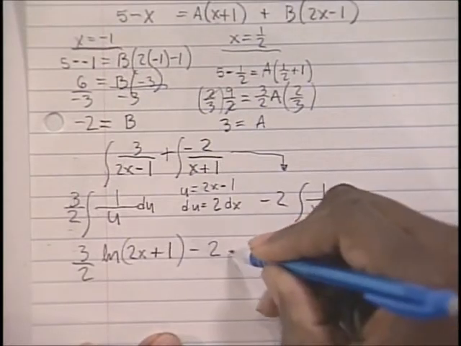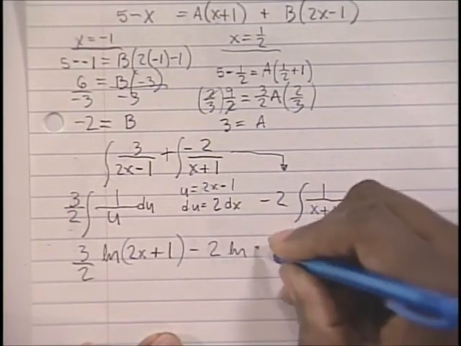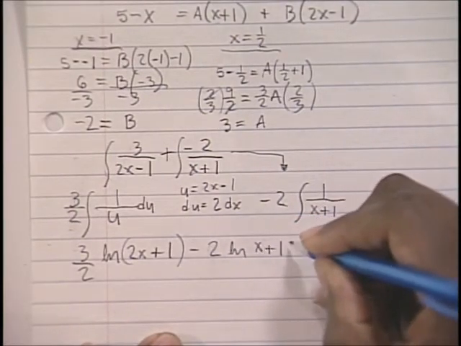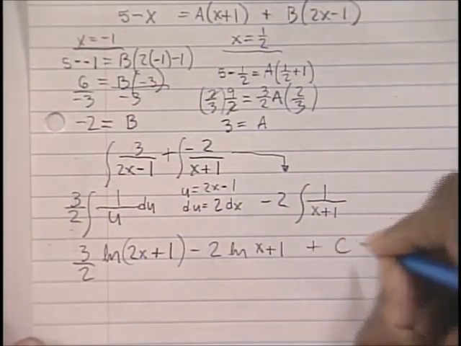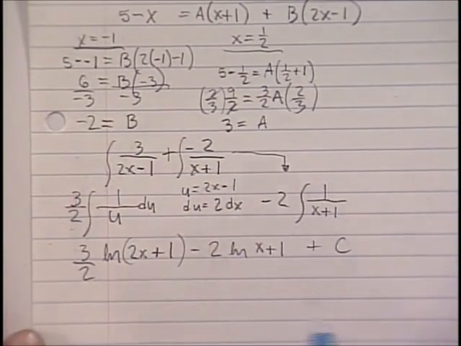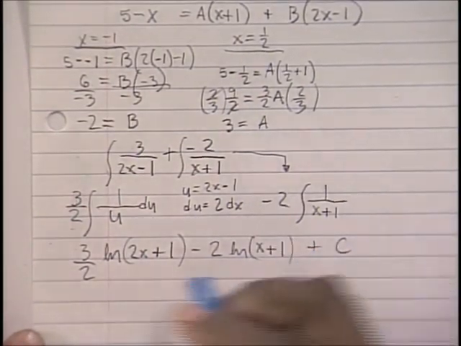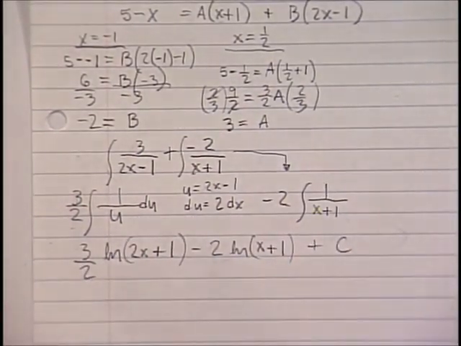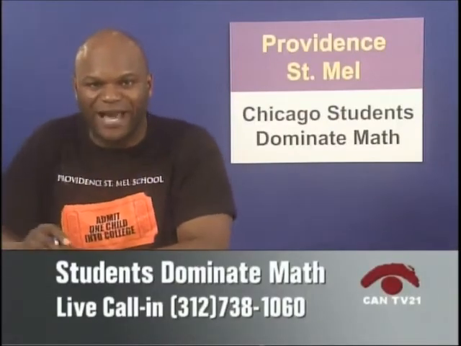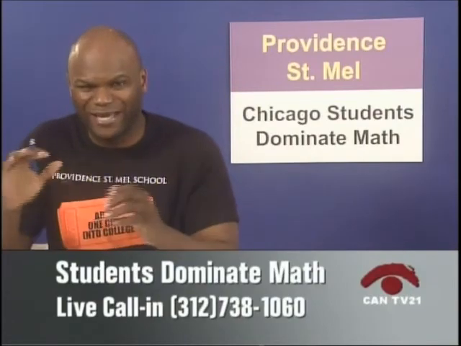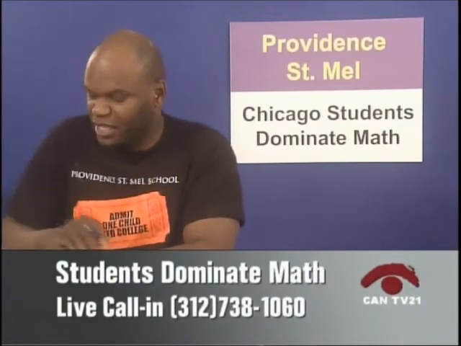You end up with the natural log of x plus 1. All right, this would be plus C. So that's about all you could do there. True enough, you might be able to simplify this down. The textbook might try to simplify that, might condense those terms, but generally speaking, that's the final answer.